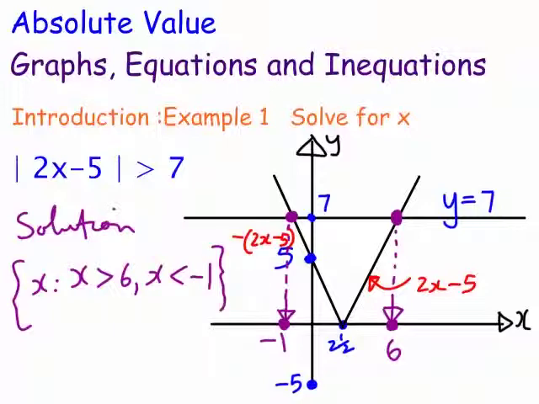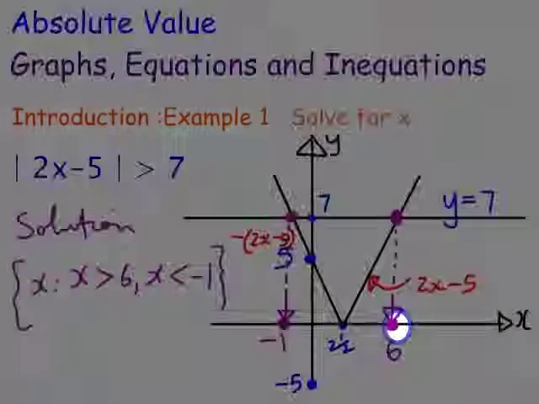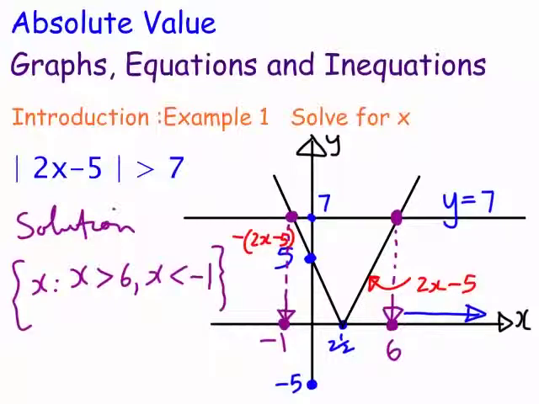I have seen some ways of writing this where you flip the inequality symbols around, but I think it's better to write it like this, that in fact it's the two parts of the number line. Where x is larger than 6, it's over here, going out that way, and those x values will give you a height above 7.